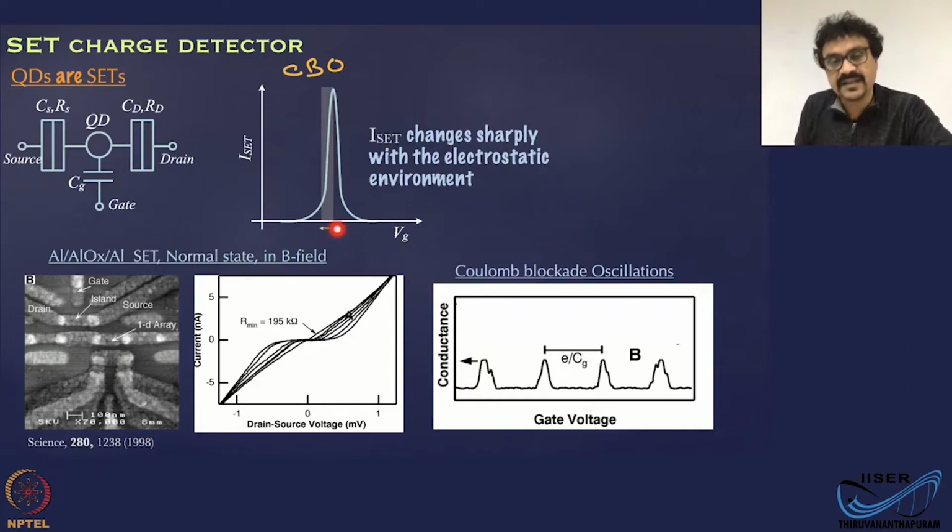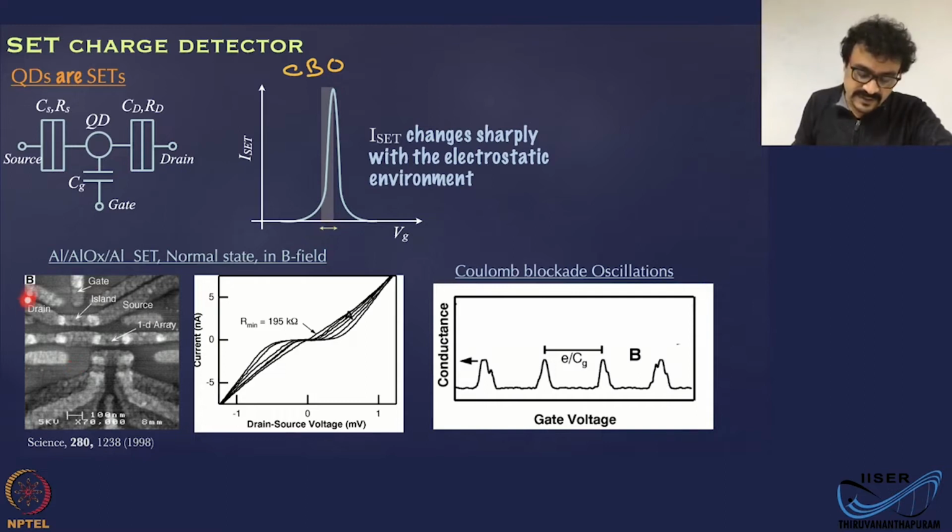This is exactly the feature that one would utilize for charge sensing, where the current through the single electron transistor sharply varies for a very small change in the gate voltage, or I would say very small change in the electric field or the potential change felt by the single electron transistor.